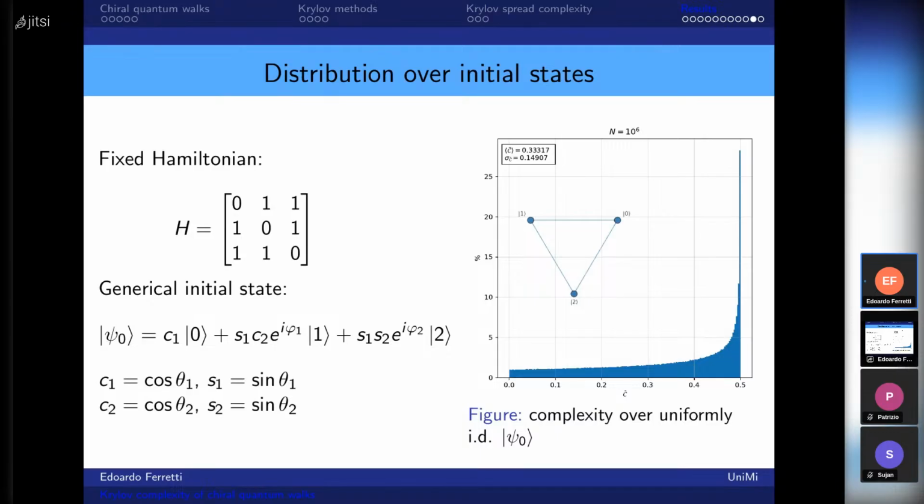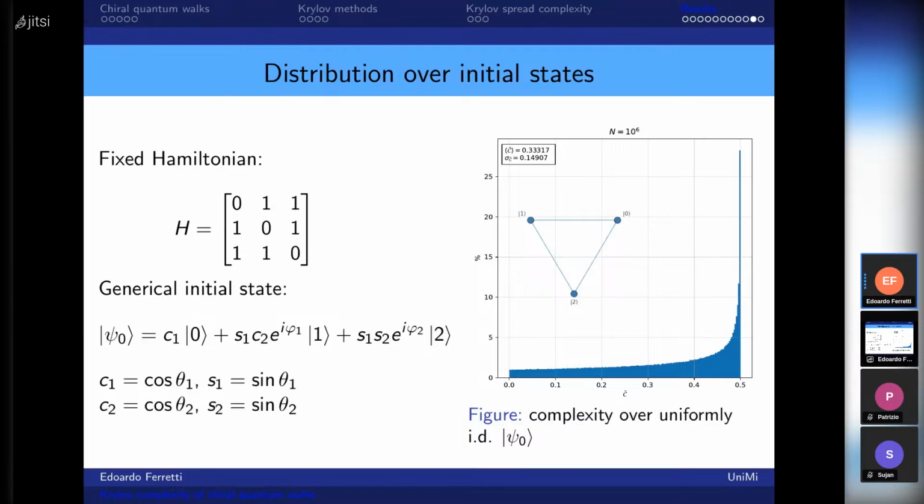Okay. Then the question is, what if it's not? You will get a different distribution for sure, maybe a skewed distribution.